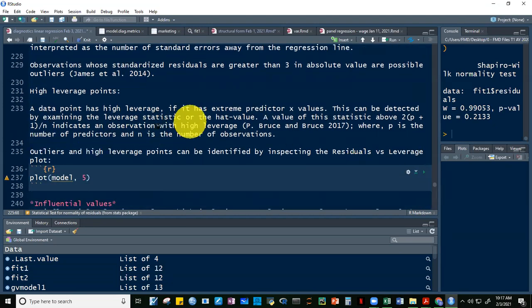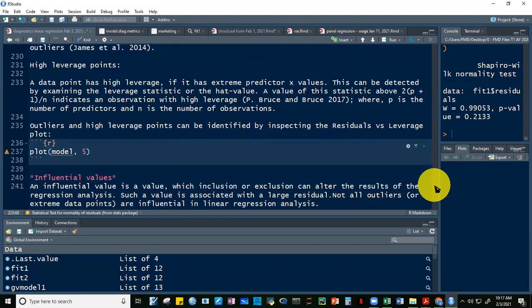Tapos then we describe the high leverage points. May ginagamit na formula para masabi na high leverage points yan. So ito sa plot number 5, sorry, hindi to model, dapat fit 1 to.